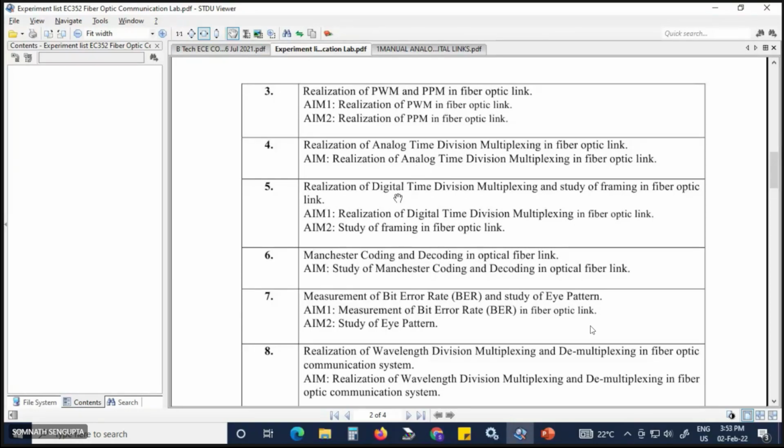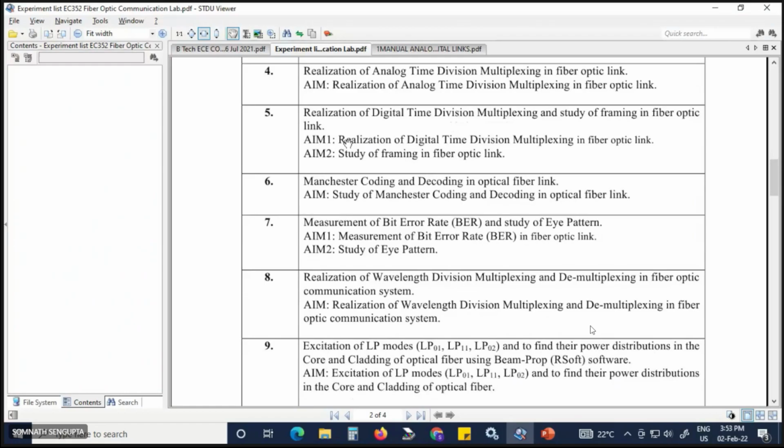Then another experiment is digital TDM, where digital signals are transmitted by means of some framing.